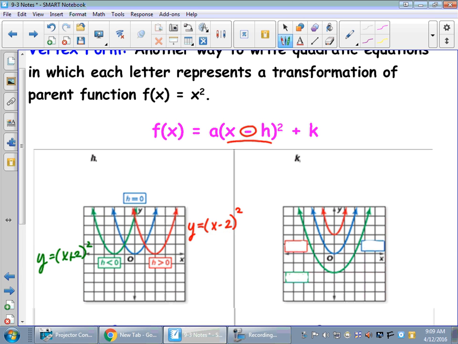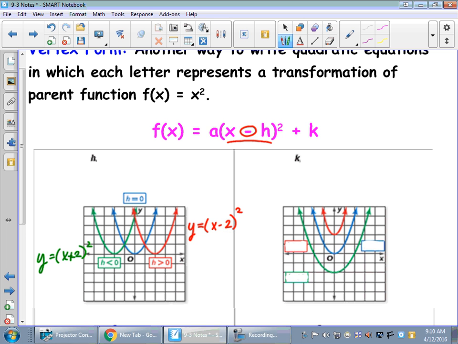Even though it looks like a positive 2, if you plug a negative h value into the form, it would become minus a negative 2. Well, minus a negative becomes plus positive, so plus 2. I'd like you to write those down so you understand. Even though it looks like a positive, the green is actually a negative h value. Even though in the equation the red looks negative, the h is a positive 2. The negative comes from the form.